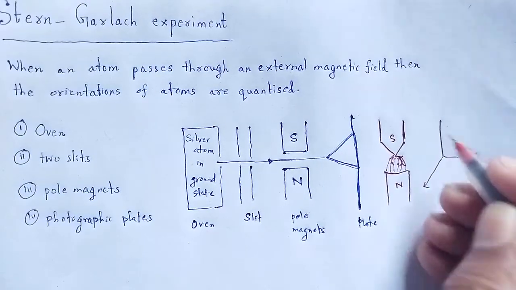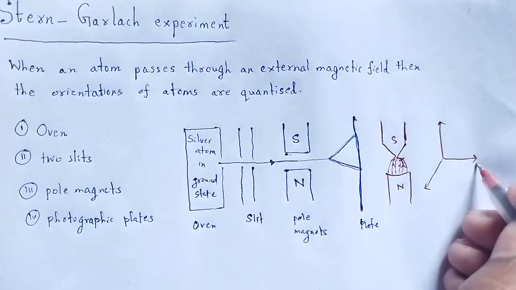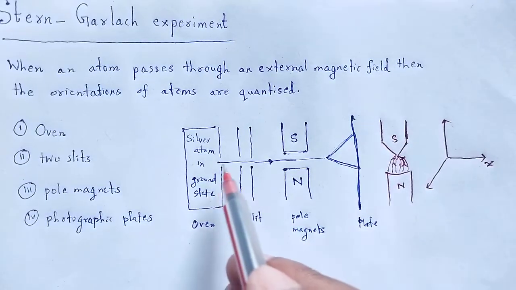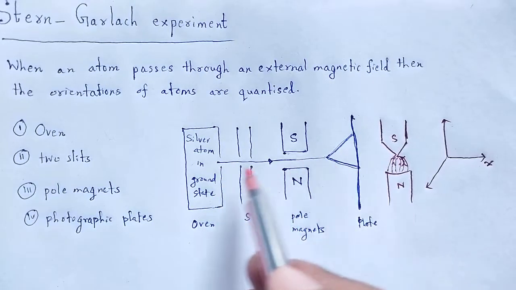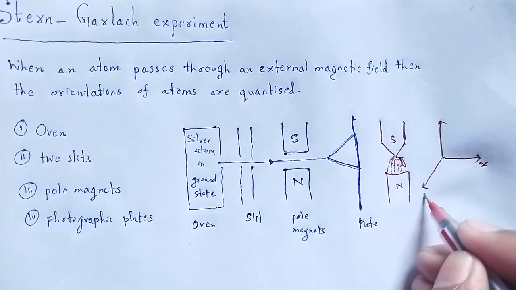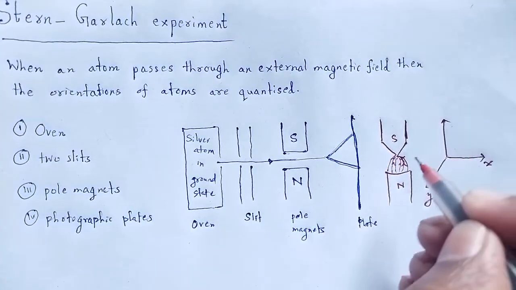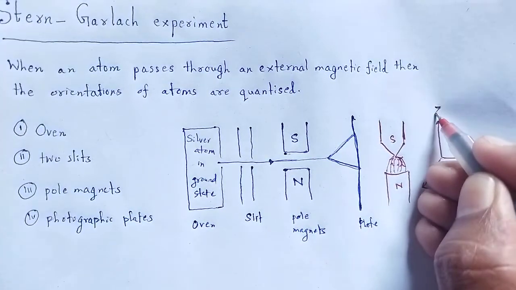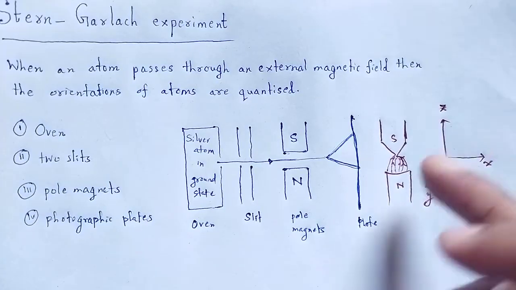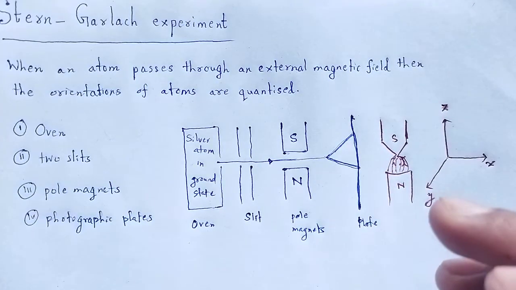This is the x direction in which the atoms propagate. This is the xy plane, and here the magnetic field is along the z direction.